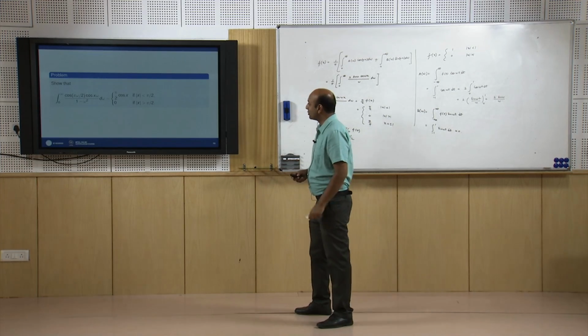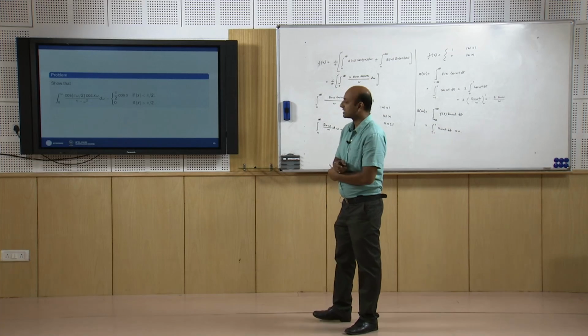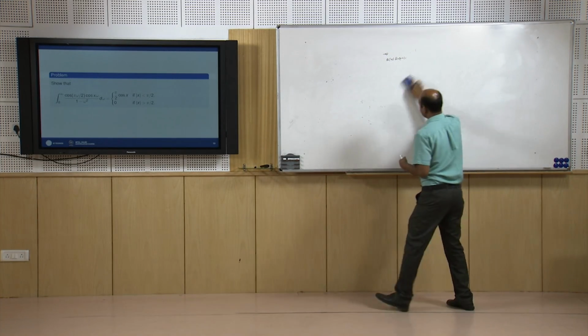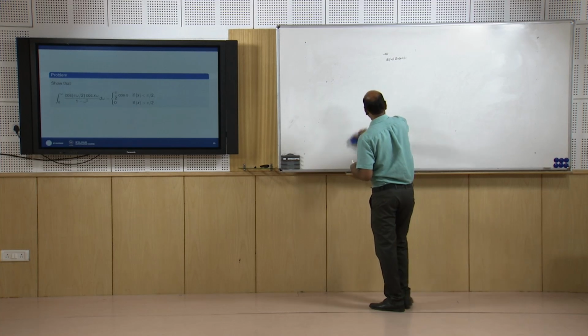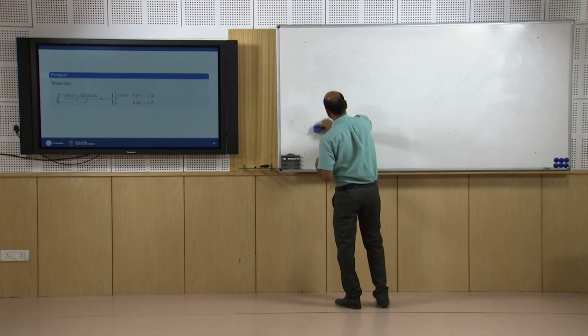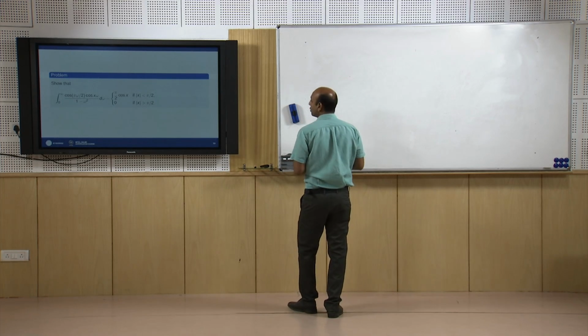Now let us try to prove this, that this is equal to this expression. So how can we prove this? This is nothing but the Fourier integral representation of function f x. So what is the expression?